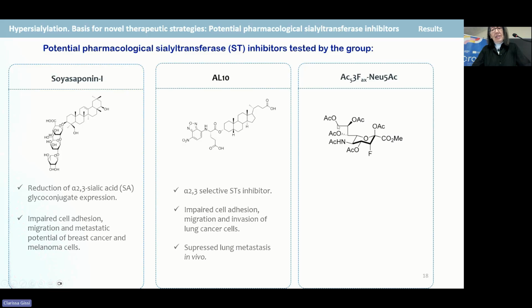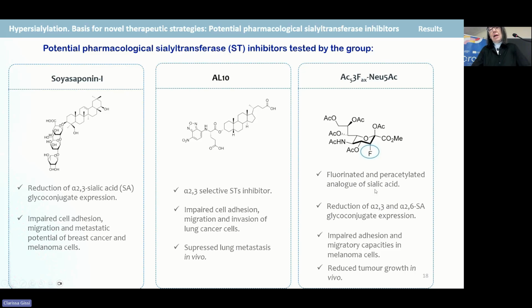It is peracetylated, and it has this fluorine here, and this fluorinated analog is what inhibits the enzyme, the fluorine atom in particular. This has been described to reduce the sialic acid not only in alpha-2,3 linkage, but also in alpha-2,6, and it has tested positively in melanoma cells.